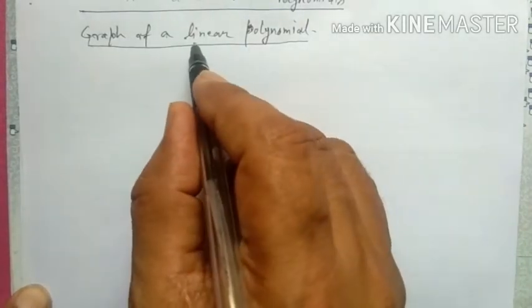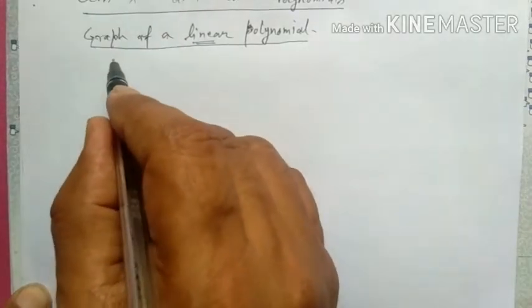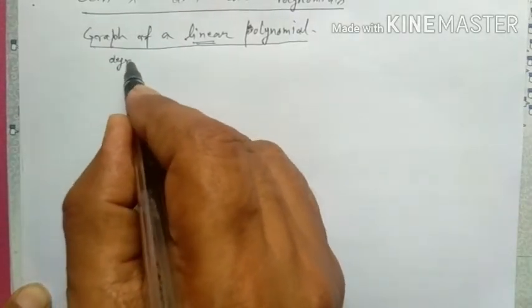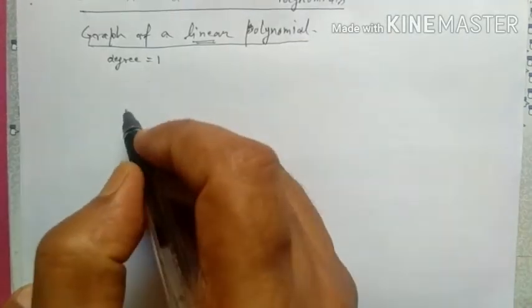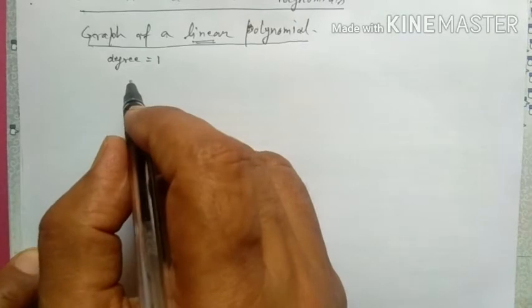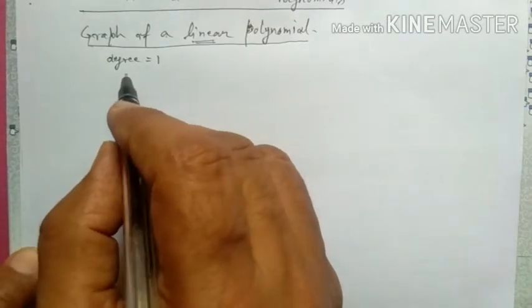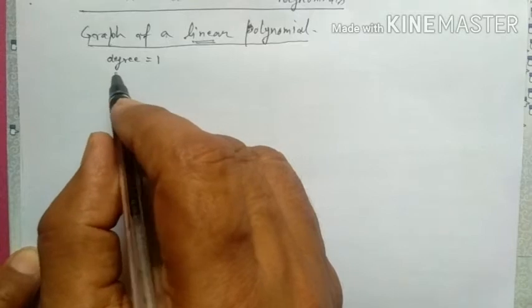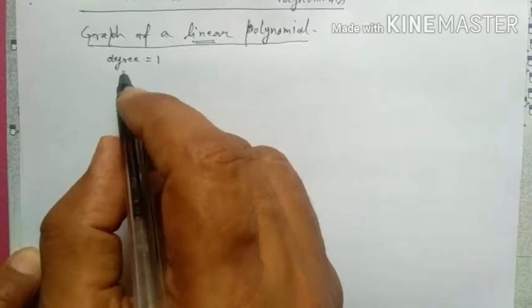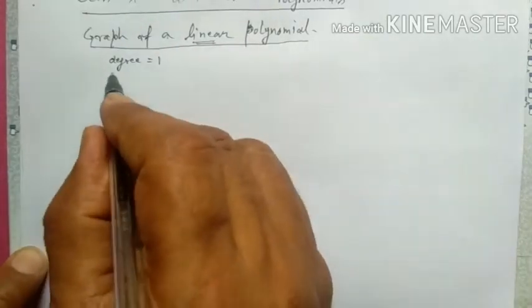A polynomial is linear when its degree is 1. Then the polynomial is known as a linear polynomial. Here we will draw its graph and we will see that this is a straight line.